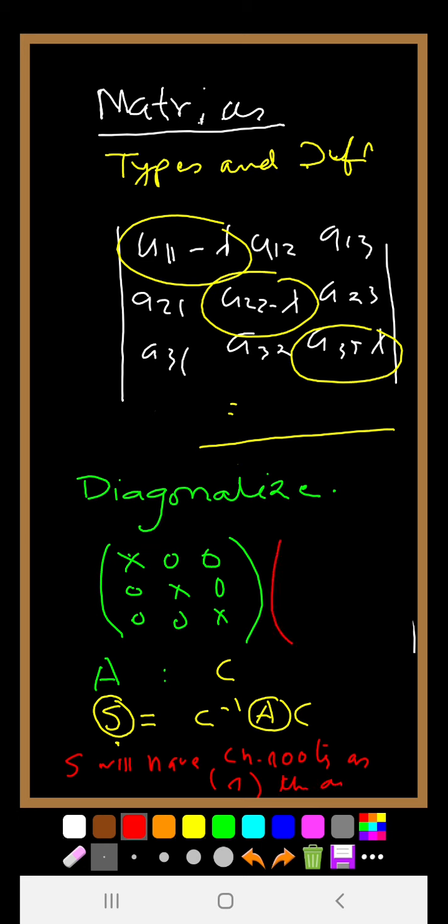So it will be, say, lambda 1, 0 or any element, lambda 2, lambda 3. Then we say that we have diagonalized the matrix.